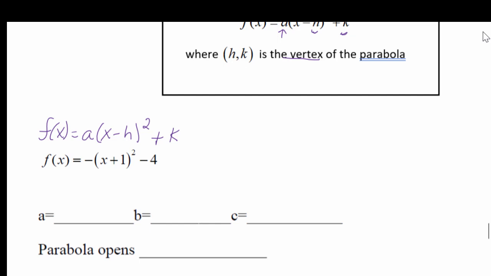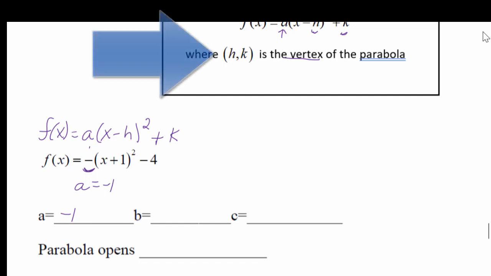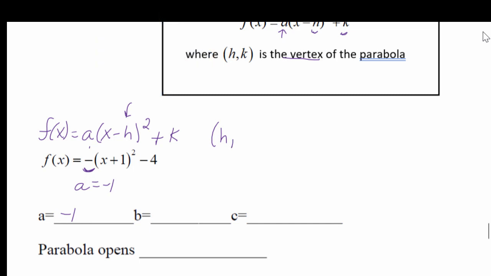If you take a look at this negative sign here, that's our a, believe it or not. That means a is negative 1. Now, to find h, that's the x-coordinate of the vertex, right? Because this is called vertex form because you can read the vertex right off of the equation without having to use the vertex formula that we talked about before.